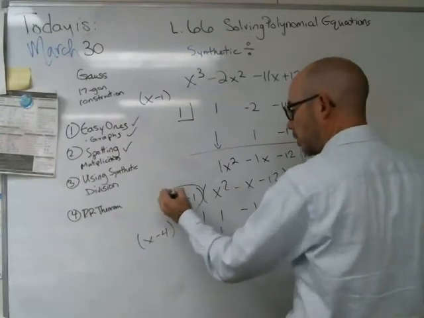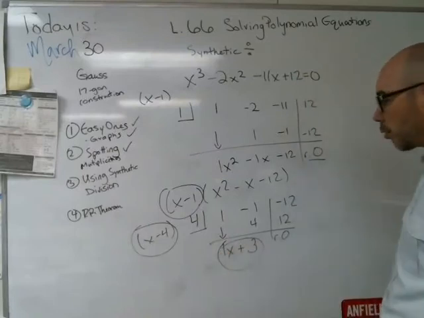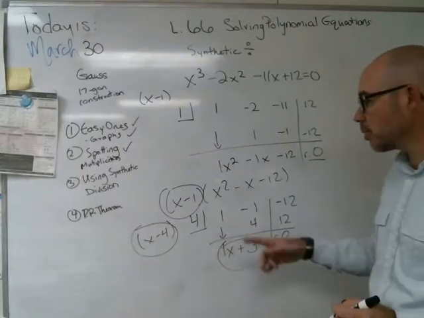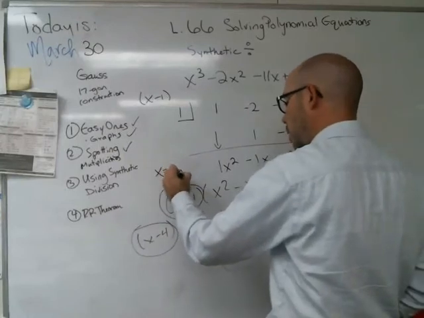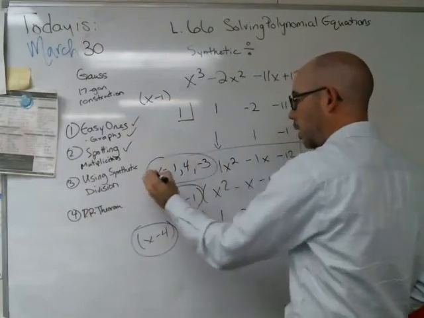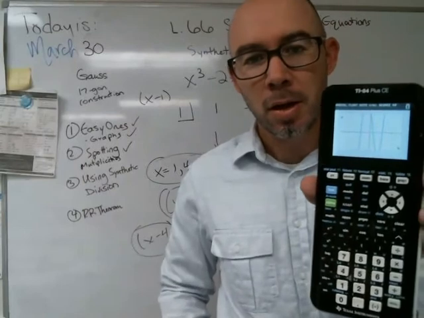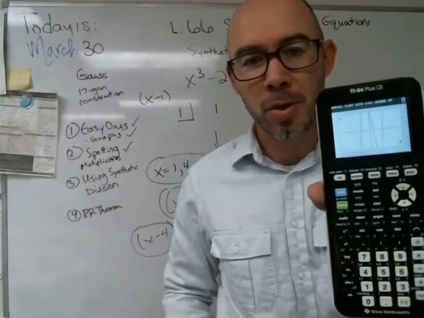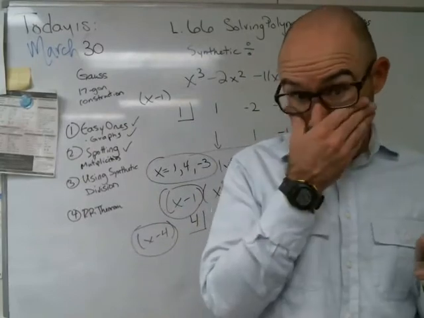So I've got x minus 1, x minus 4, and x plus 3 as my 3 factors, which means that my zeros are at 1, 4, and -3. That's exactly what it looks like here on my graph. It looks like I got 3 places, and those are the 3 places.